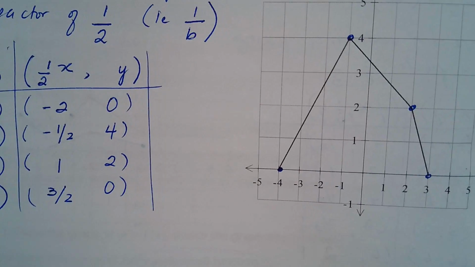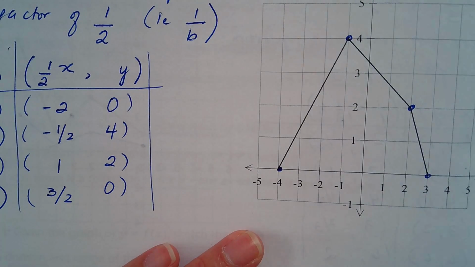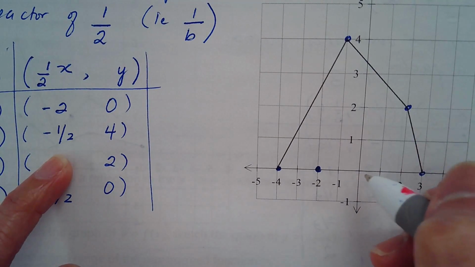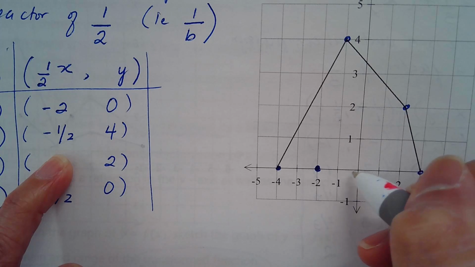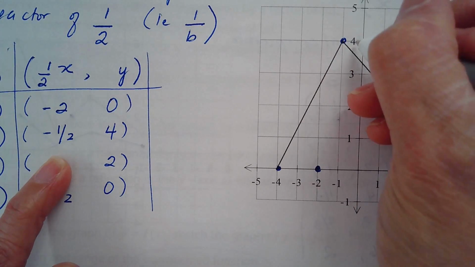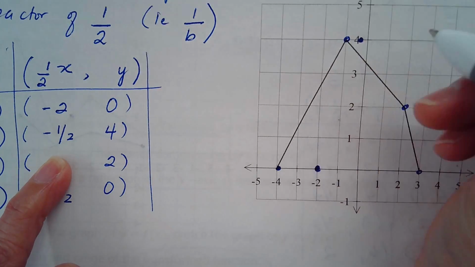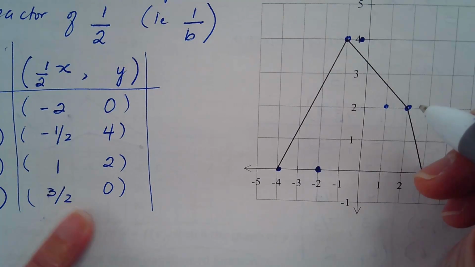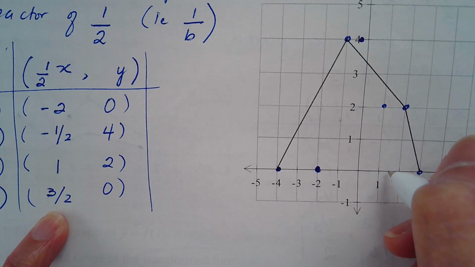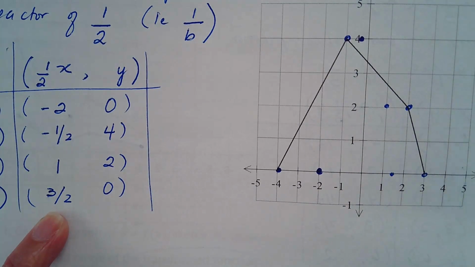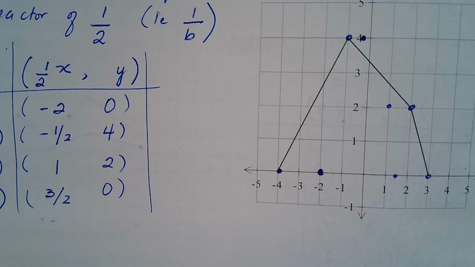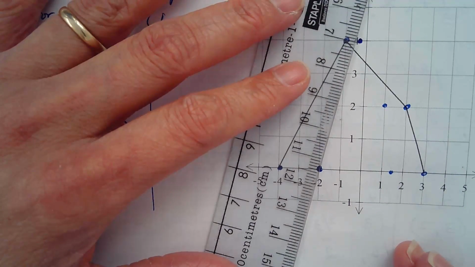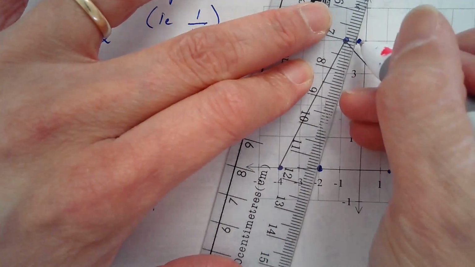So let's graph that onto our grid here. So the y's didn't change, it's just the x that got changed.